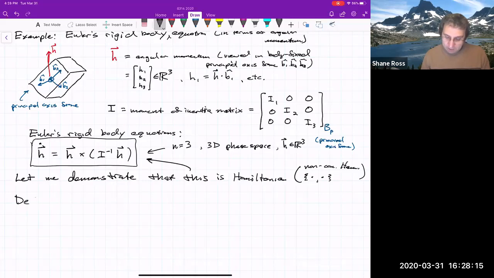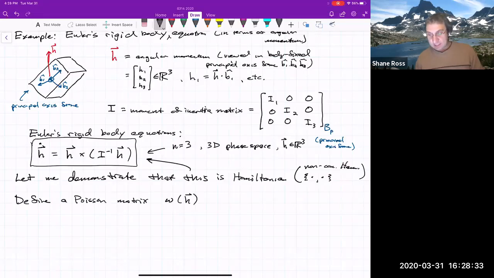So we can define a Poisson matrix. And here, instead of x, I'm writing H, right? So omega, this Poisson matrix, will be a 3 by 3 matrix that's a function of H1, H2, and H3. It's not obvious why, but I'll define this matrix as: 0, H3, minus H2; minus H3, 0, H1; H2, minus H1, 0.